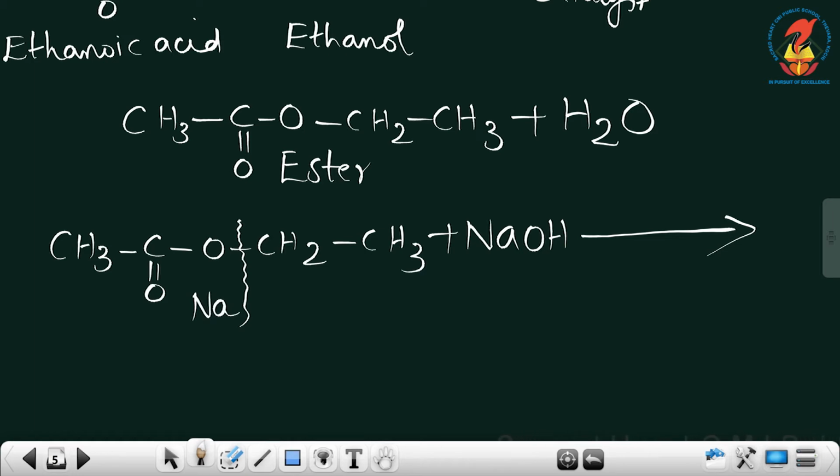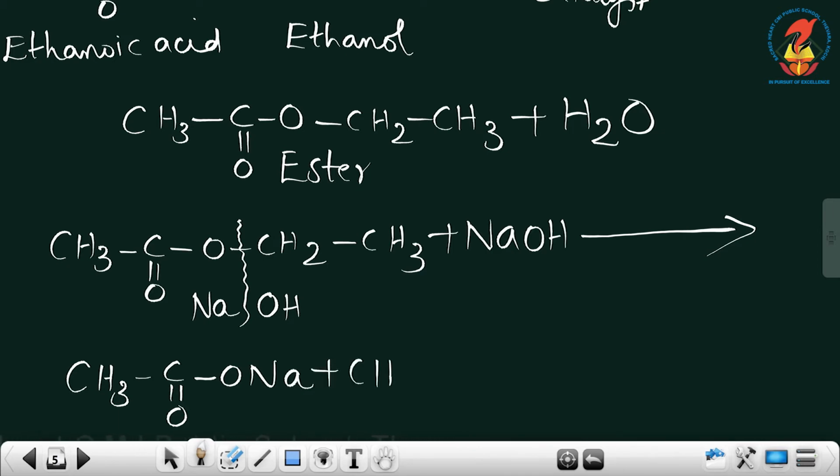Na adds on this side, OH adds on the other side. So, what do you get? CH3COONa, the sodium salt of acid, sodium acetate, plus CH3CH2OH, the same alcohol ethanol you get back along with the sodium salt of the acid.